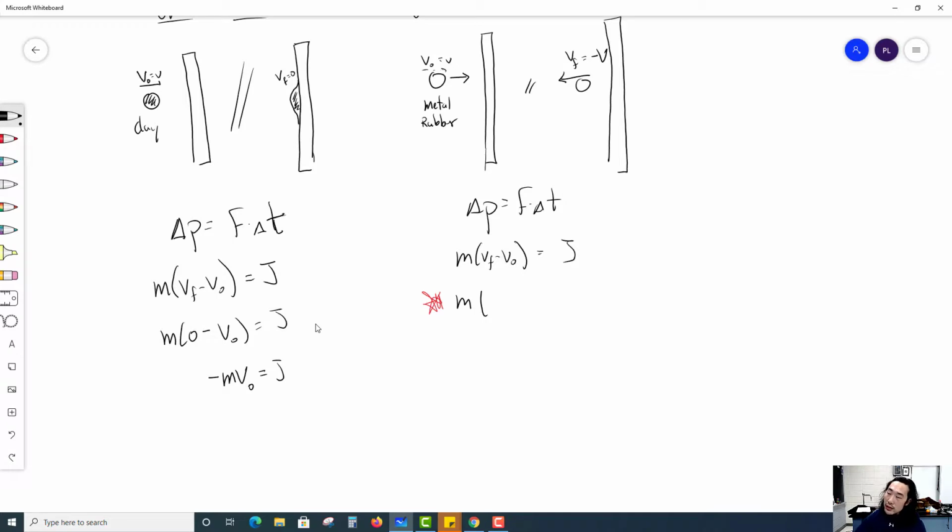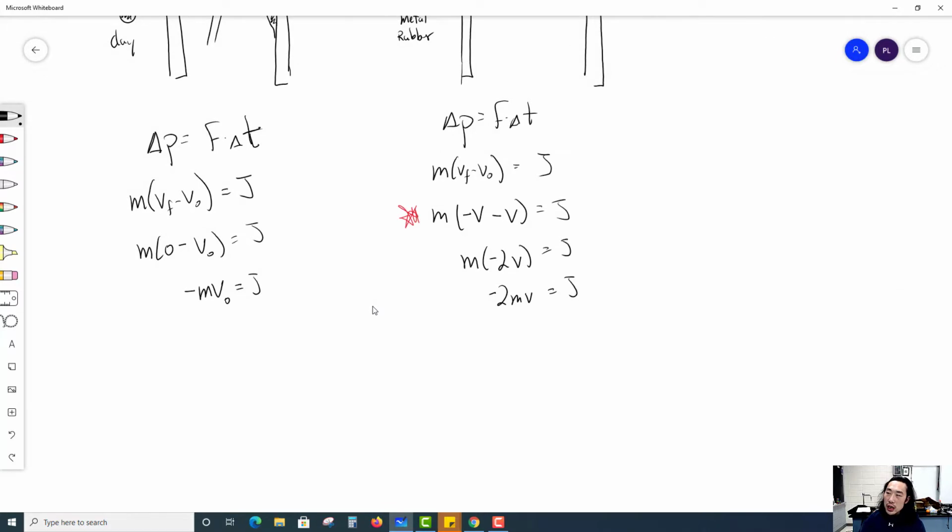Because it's moving to the left, it has negative velocity compared to the initial, where it's moving to the right. Minus your initial positive, so that's just minus m, minus v. And so we get m times negative 2v is equal to J, and we can say negative 2mv is equal to the impulse. So this is the one where it comes to a complete stop, and this is the one where it bounces.